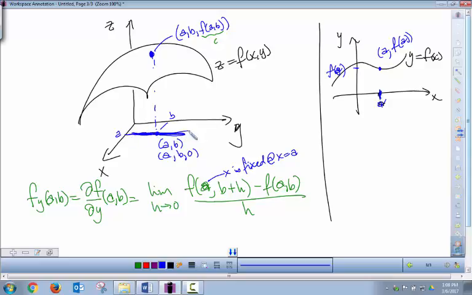X is equal to a. Now I'm going to look at my b and then add an h to it. So then I would have moved over here a little bit. So this is my new point a comma b plus h.